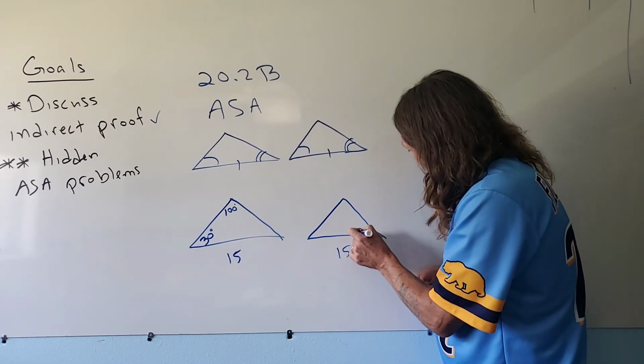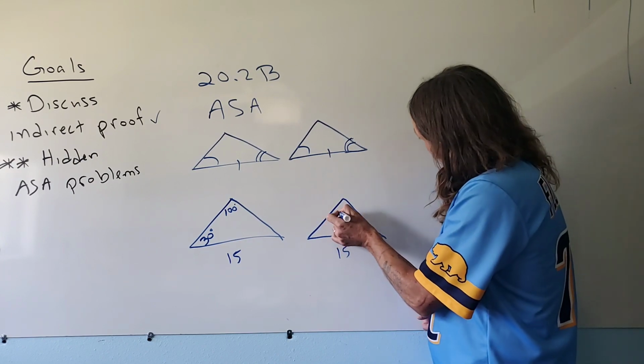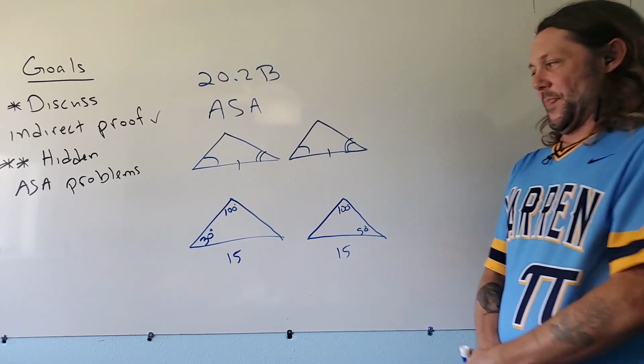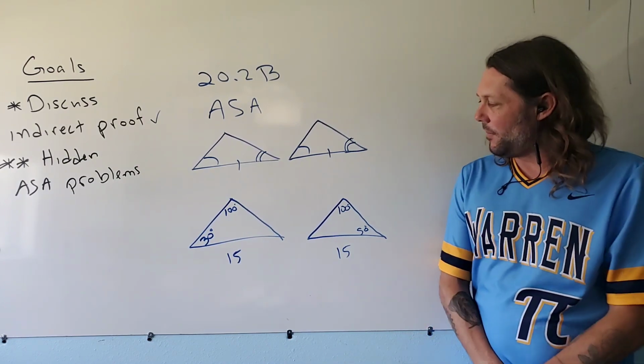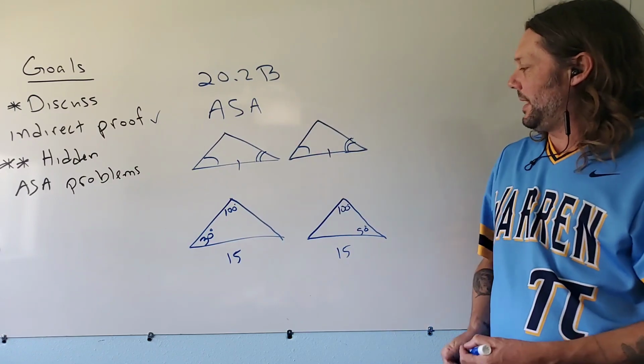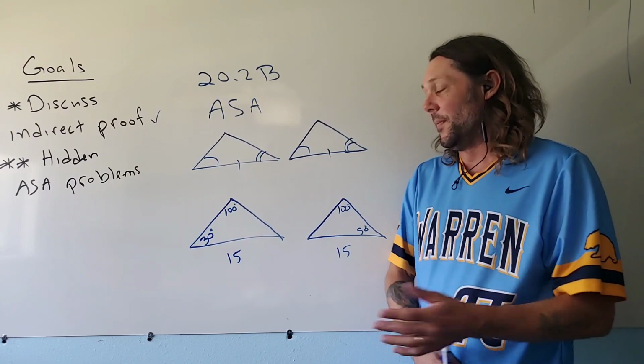And this is 50 degrees. And this is 100 degrees. Okay. So we do not have the angle side angle pattern. In fact, we have something that's not close to it at all.